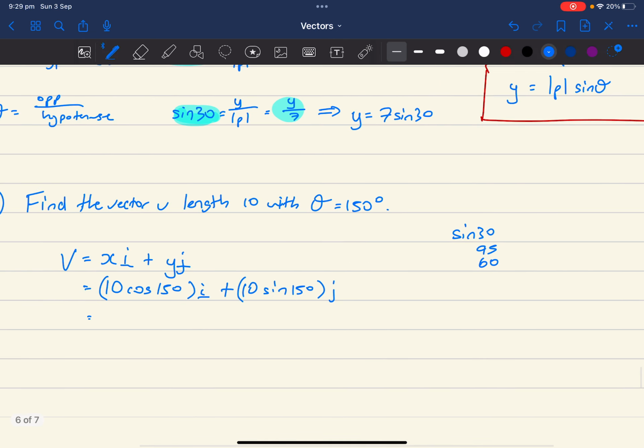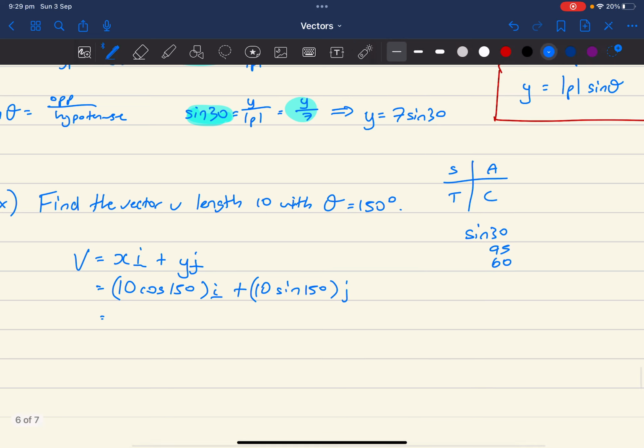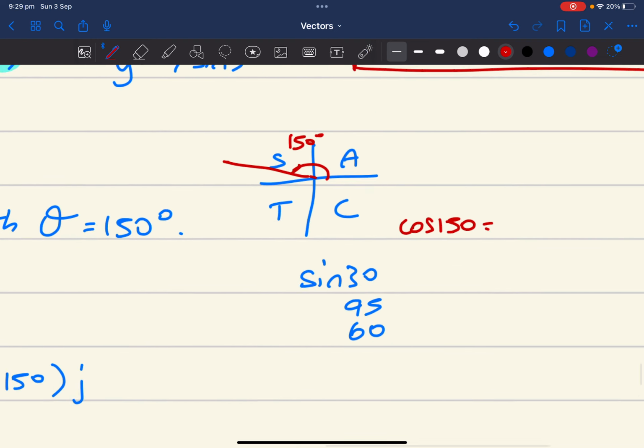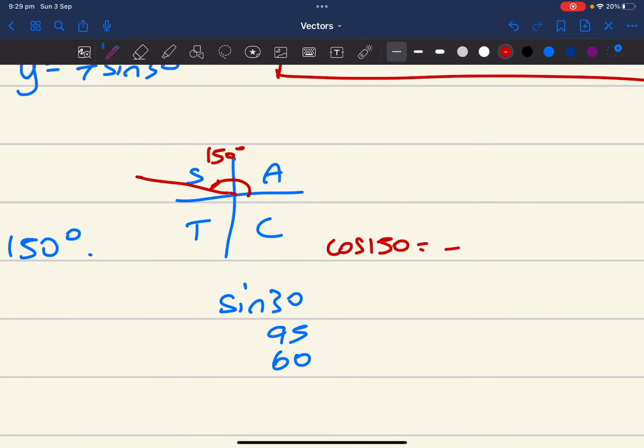So again, using your ASTC graph, cos 150 is somewhere here, right? So 150 degrees is there. If I want to find an equivalent angle, cos 150 is going to be the same thing as negative cos 30. Why?